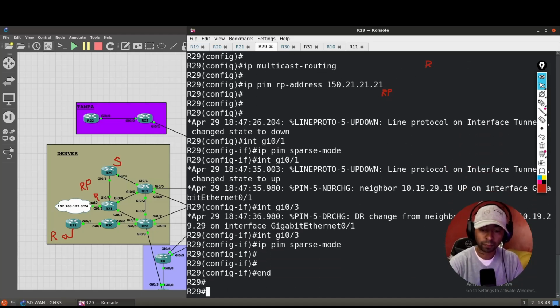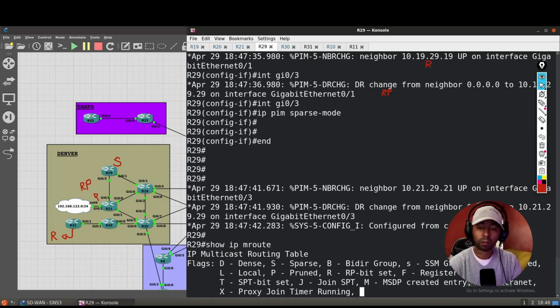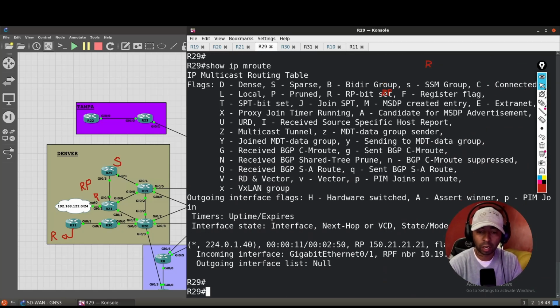Really good. So show IP route. So router 29 also doesn't know about who is the receiver. So the connection is not coming, it's not flowing.